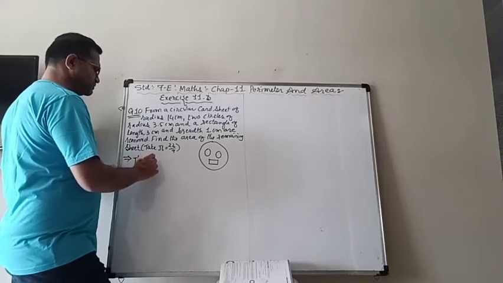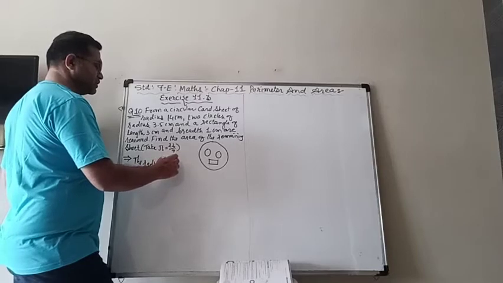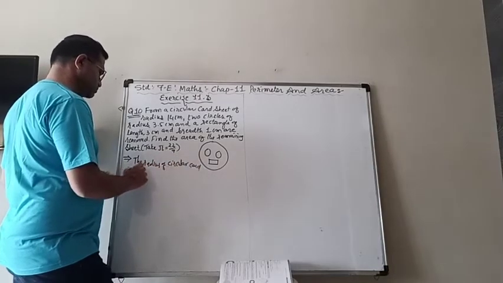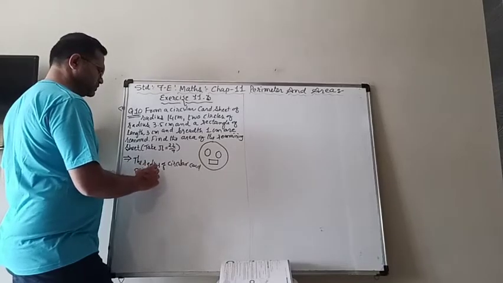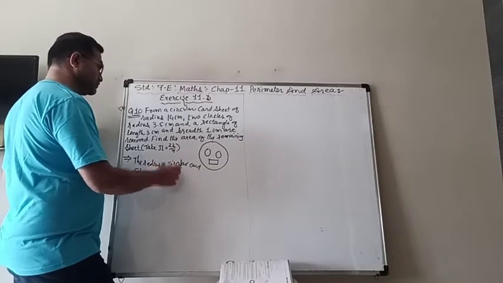The radius of circular card sheet, CR, is given as 14 centimeters. So first we will find the area.